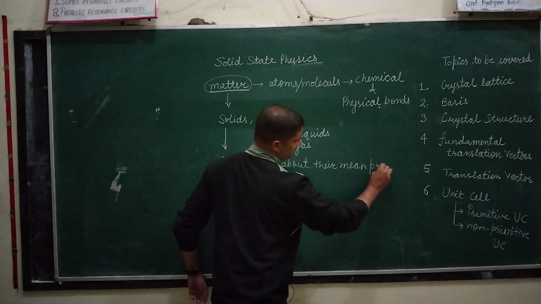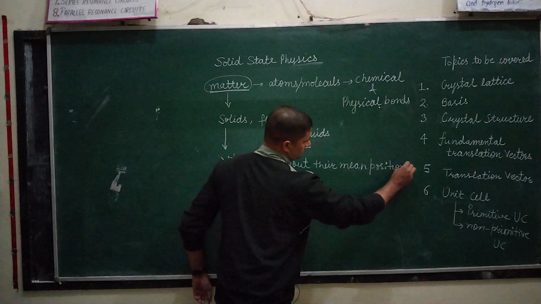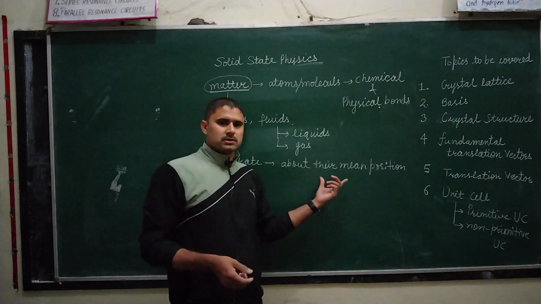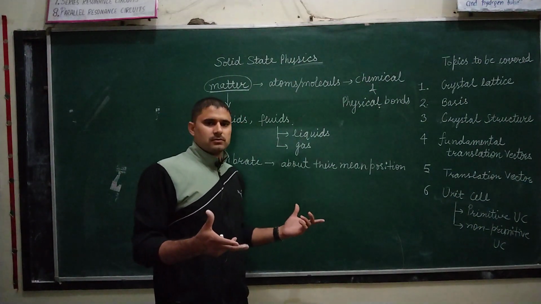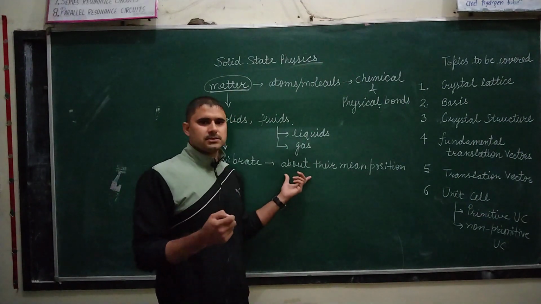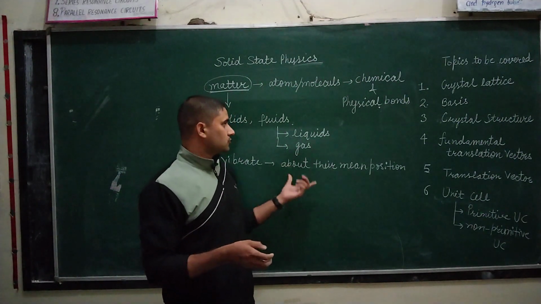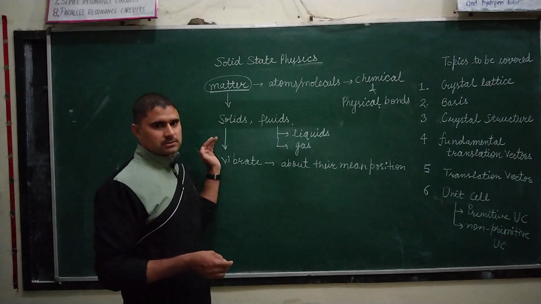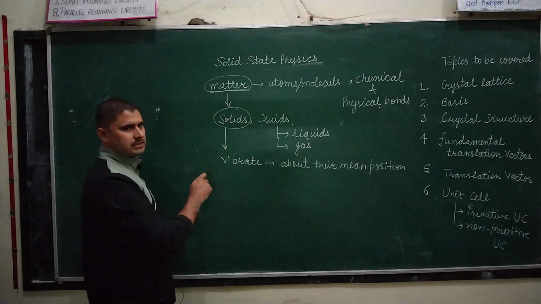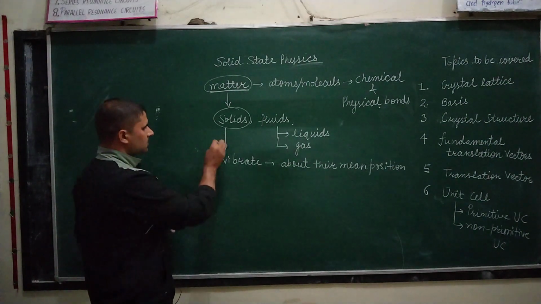Class, vibration about their mean position gives rise to various important physical properties which we will discuss in the coming lectures. So in this lecture we will confine ourselves to solids and their types.